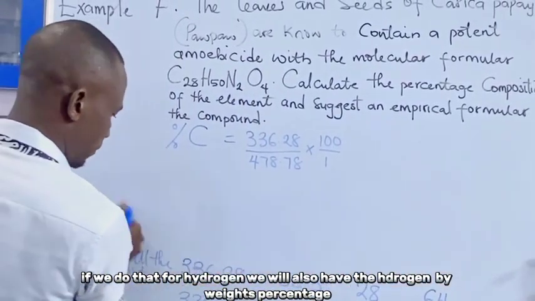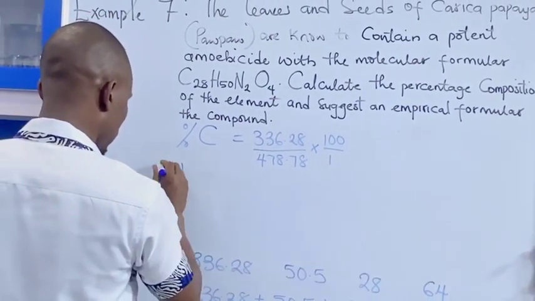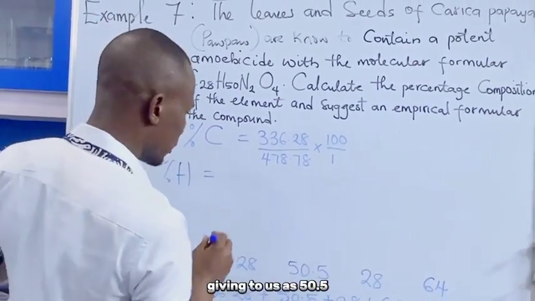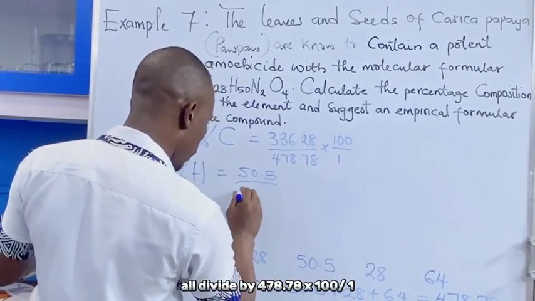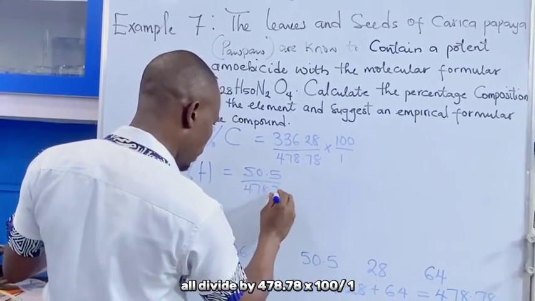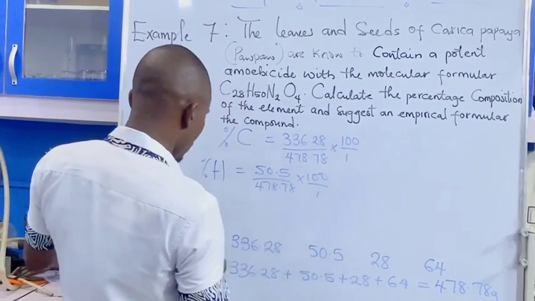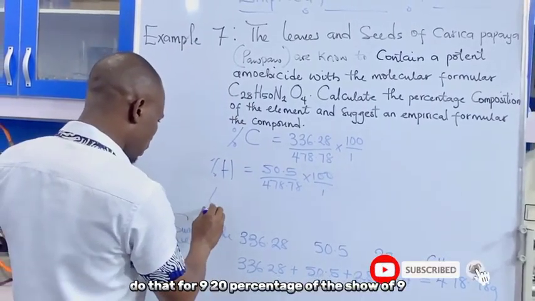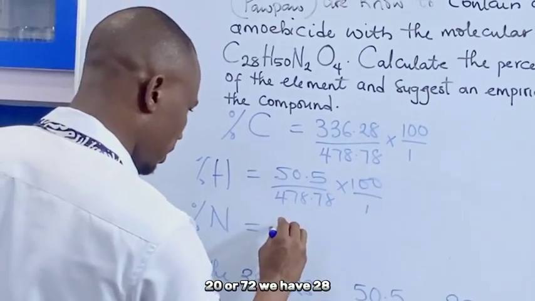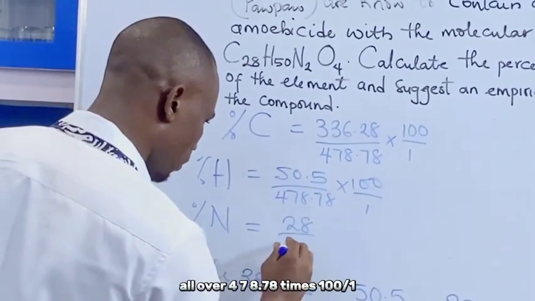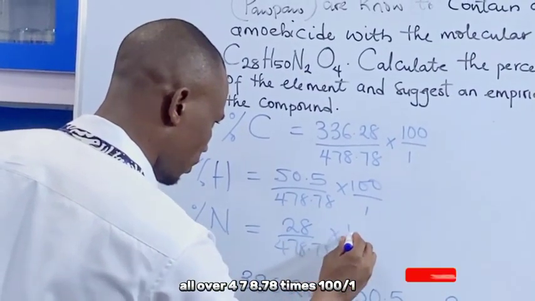If we do that for hydrogen, the hydrogen by weight percentage will be given to us as 50.5 all divided by 478.78 times 100 over 1. We do that for nitrogen, the percentage composition of nitrogen: same question, we have 28 all over 478.78 times 100 over 1.